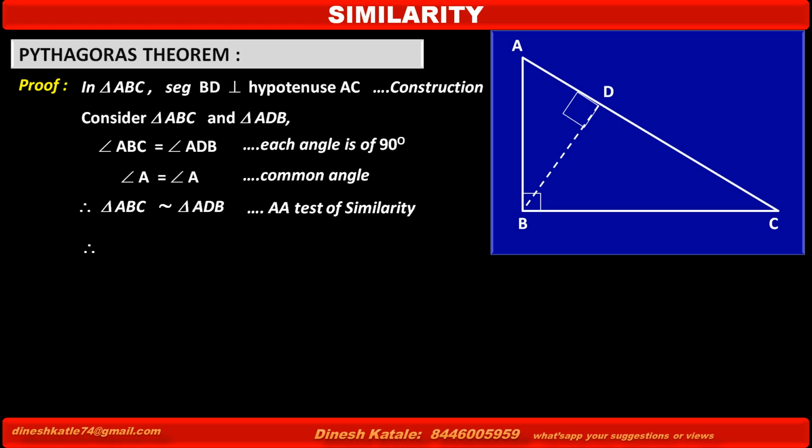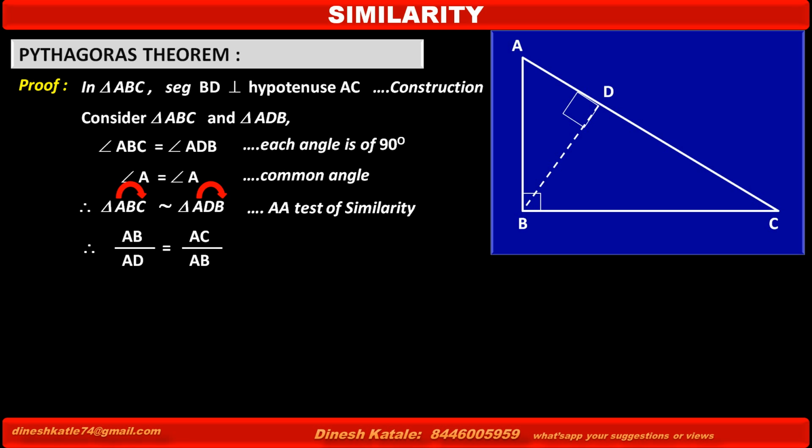As we know, if triangles are similar, their corresponding sides are in proportion. Therefore, we can write AB of the first triangle upon AD of the second triangle. Both these are corresponding sides from these two triangles. This ratio is equal to the ratio of side AC from the first triangle upon side AB of the second triangle ADB.